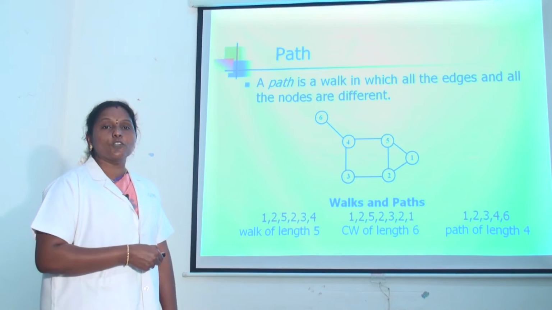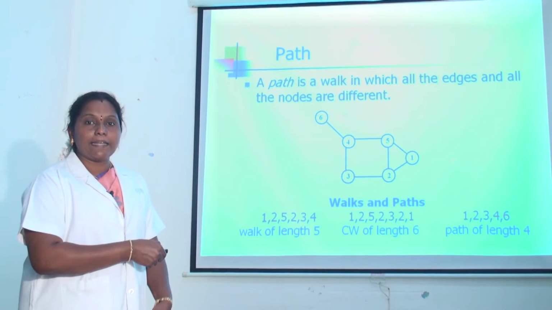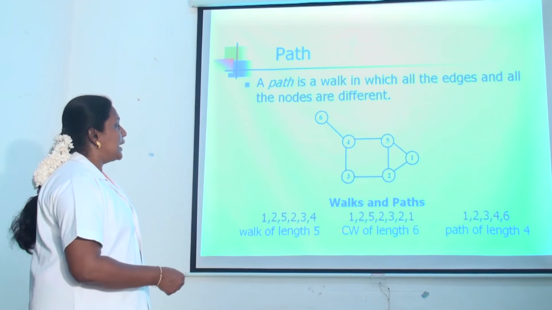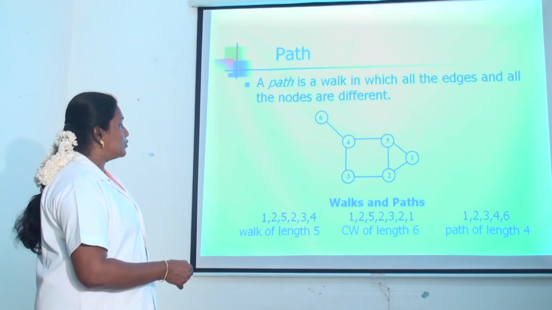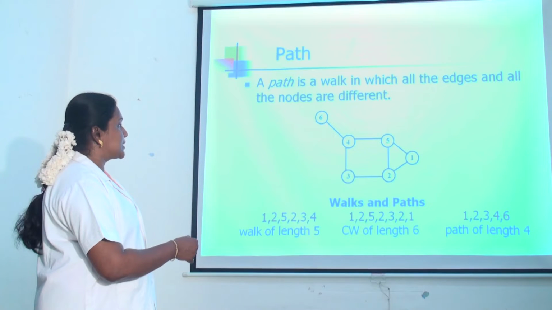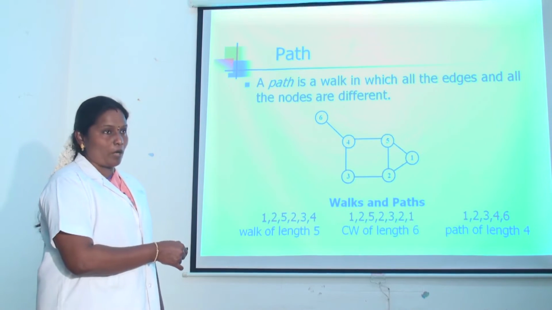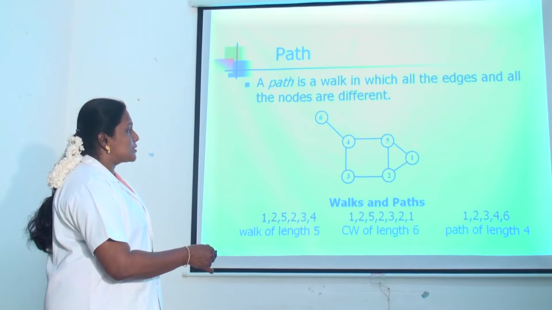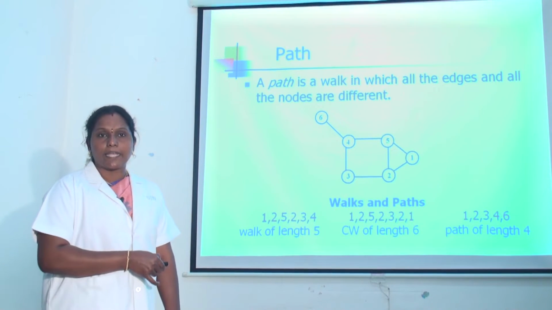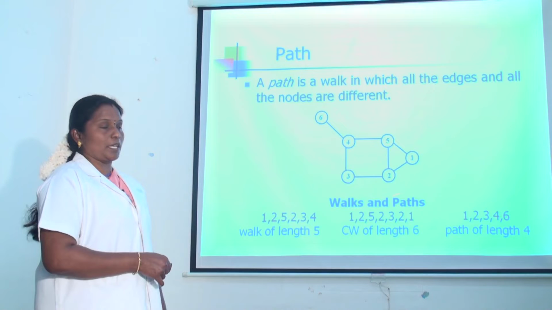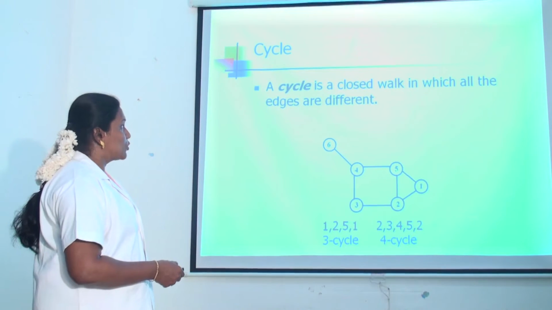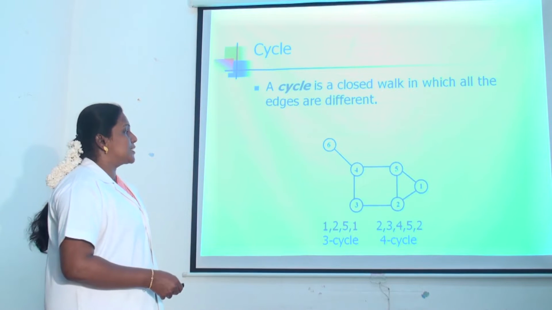Already I told you that a closed walk is one where the starting vertex and the ending vertex are equal. 1, 2, 3, 4, 6 is not closed, it is just a walk. Here it is 1, 2, 3, 4, 5, and again 1. It is a cycle of length 6. The next one is a cycle. A cycle is a closed walk in which all the edges are different.